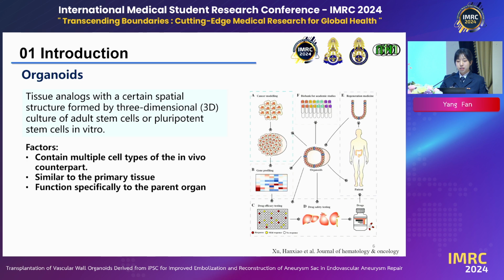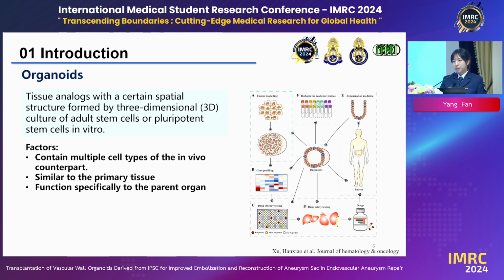Organoids refer to tissue analogs with a certain spatial structure formed by 3-dimensional culture of adult stem cells or pluripotent stem cells in vitro. It has 3 main factors. Firstly, it contains multiple cell types of the in vivo counterpart. Secondly, the cells organize similarly to the primary tissue.